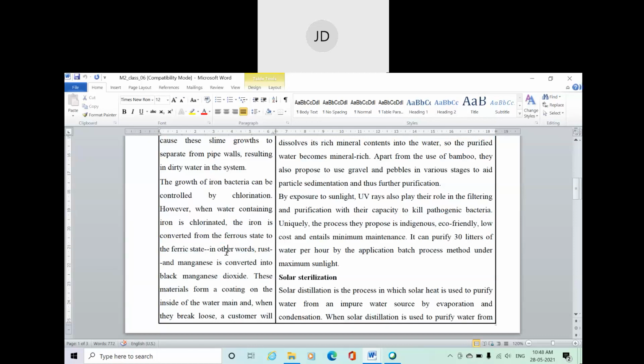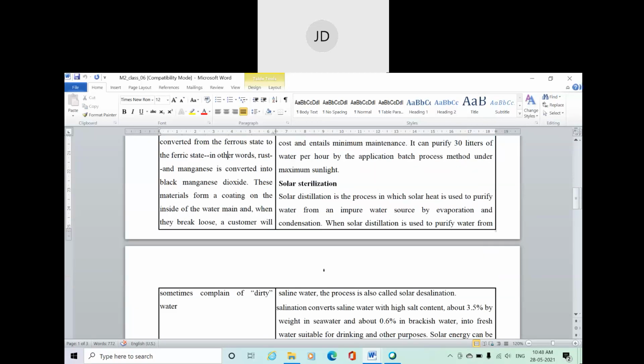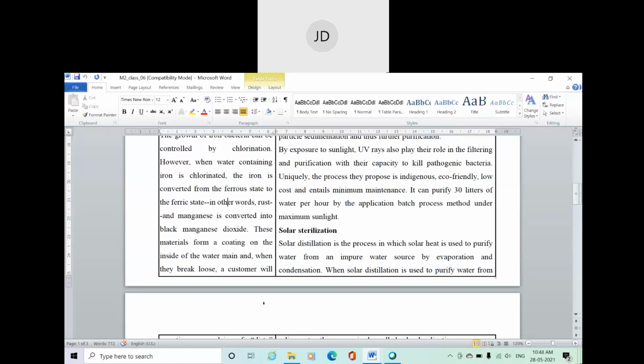In other words, the rust, and manganese is converted into black manganese oxide. This material forms a coating on the inside of the water main, and when it breaks loose, a customer will sometimes complain of dirty water.